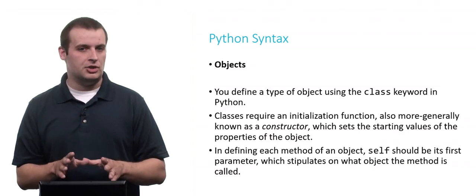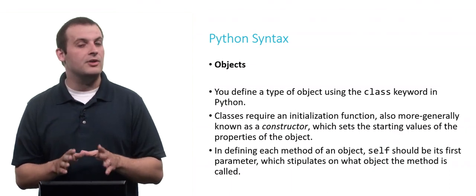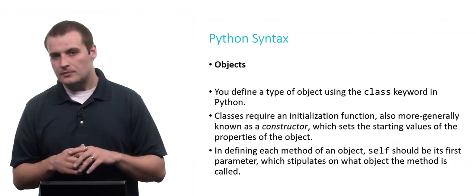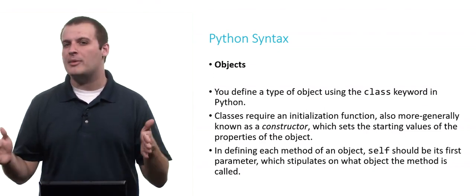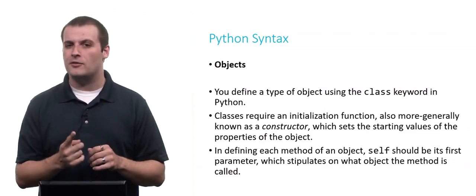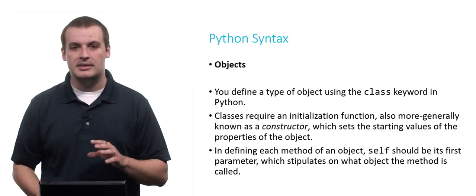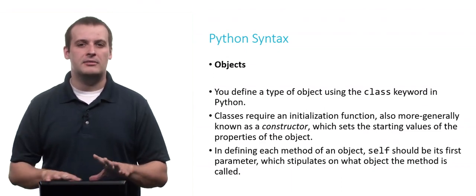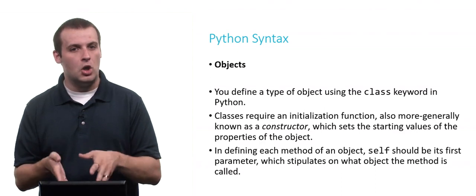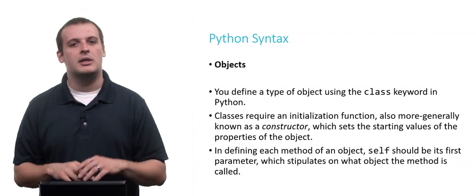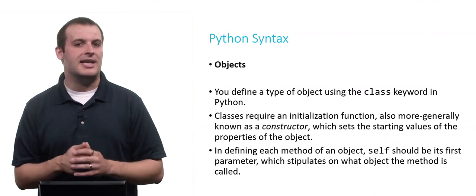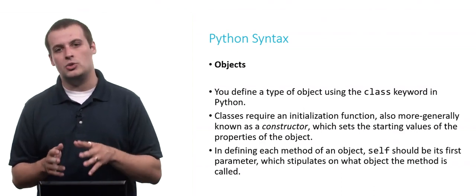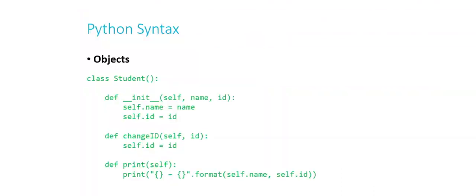So every method that you write in a class to define some new kind of object will always have one more parameter than you think you need, because the first parameter will always be self. Let's try and distill this into some actual code so you can see what we're doing here when we're talking about defining a new kind of class, defining some methods, and then we'll see how we can apply those methods to objects in that class.